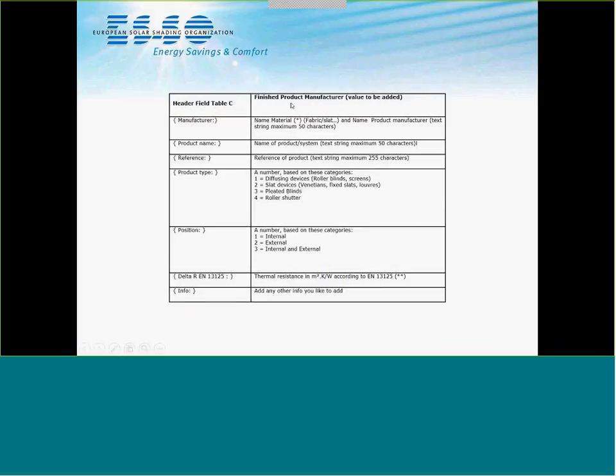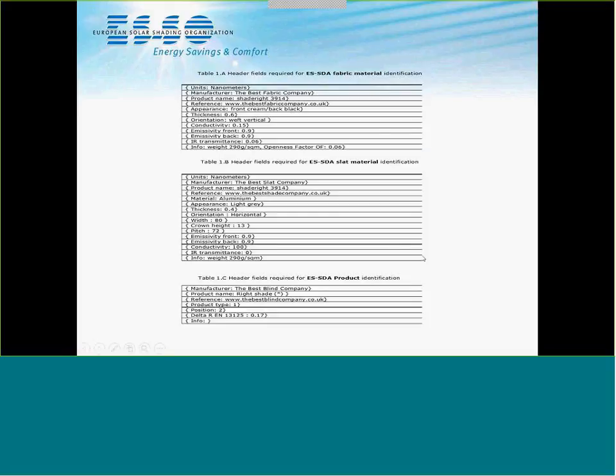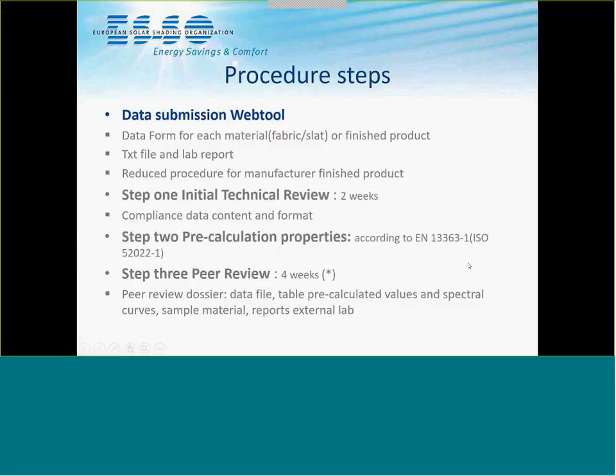And also the product manufacturer can present the finished product with then also extra characteristics like the thermal resistance. So that comes to that result, and that will be then given under the output part of the database.